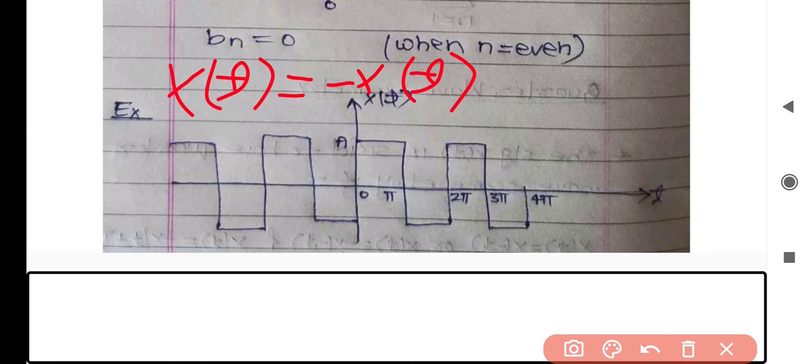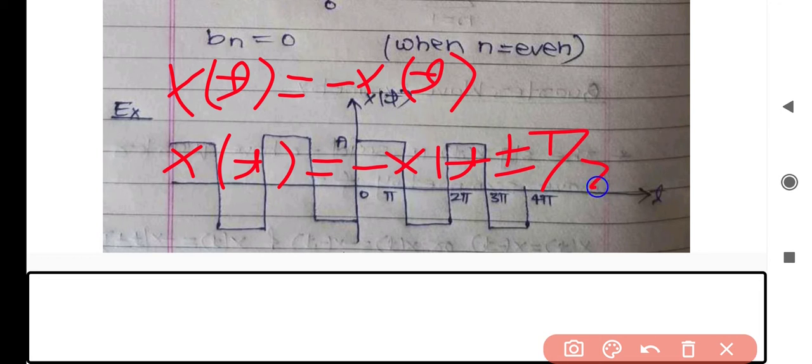It has odd symmetry, also it has half wave symmetry: x(t) is equal to minus x(t plus minus T by 2). It will follow this also. That means the signal has both the symmetries, odd symmetry and half wave symmetry, so we can call it that the signal is having quarter wave symmetry.